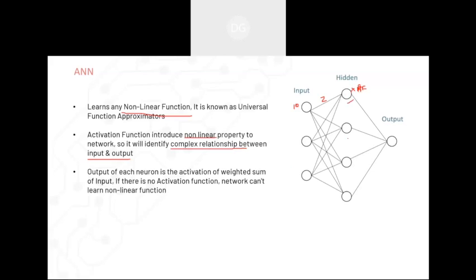Likewise, each neuron is doing it, and then some output is coming. Assume that 50 is coming as my output, but my actual value is 60. So these two values will be passed to my loss function, and then it will go to the optimizer stage. In that stage, it will adjust the weightage and bias.